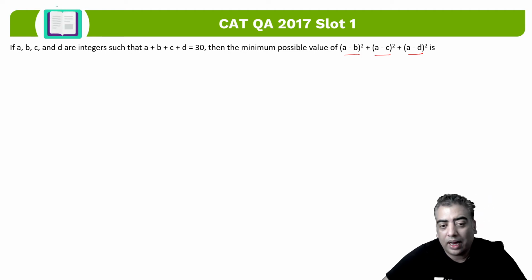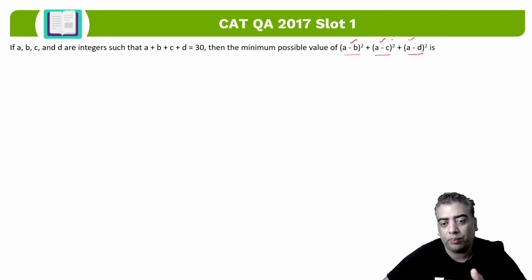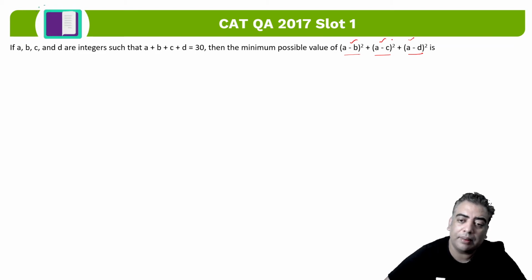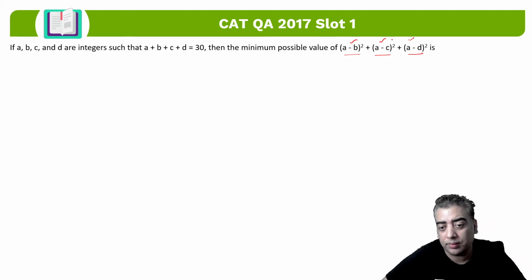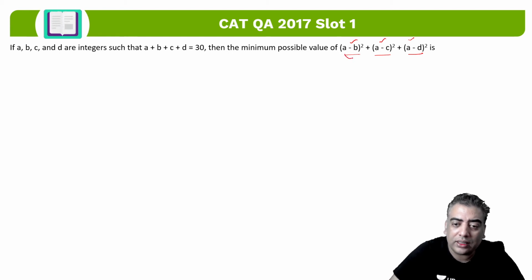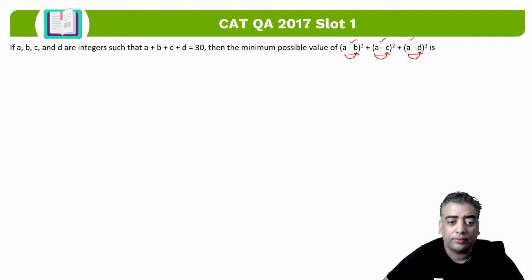So if a, b, c, d are integers and you want to minimize the sum, because all are perfect squares, the value cannot be negative. You can take a, b, c, d as positive or negative, but the value that will be formed, a minus b, a minus c, a minus d, should be numerically as small as possible. So can I say that is effectively possible when a is very very close to b as well as c as well as d, because all the differences are with a only.